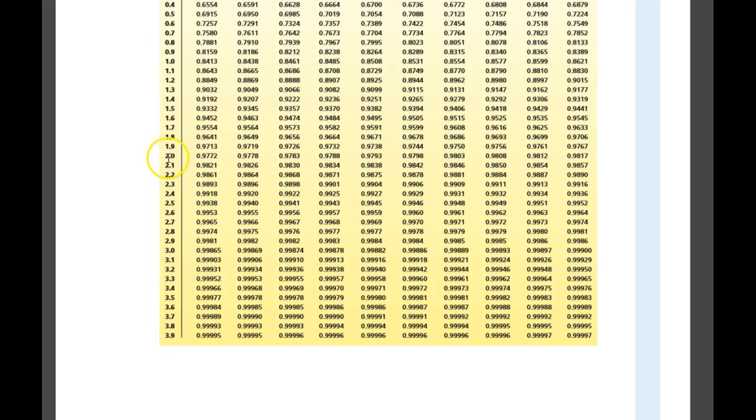So we're looking here, 2.0, running across. We get to 0.98, 2.1, 0.9857, 2.2, 0.989, we're getting much closer, 2.3, 0.98989901. That one's the closest, I would say. So that is 2.33.